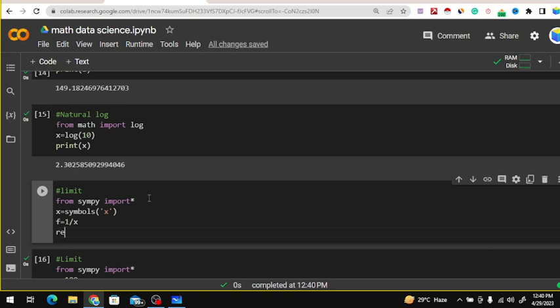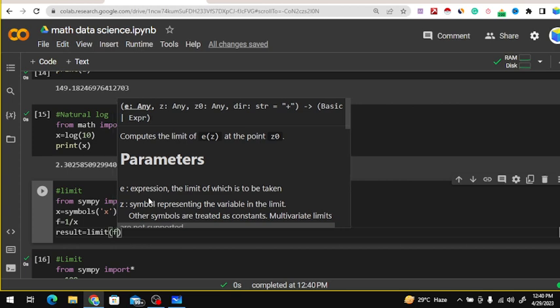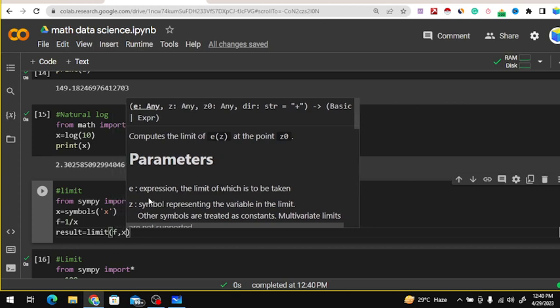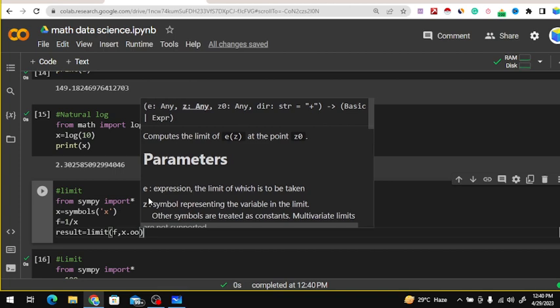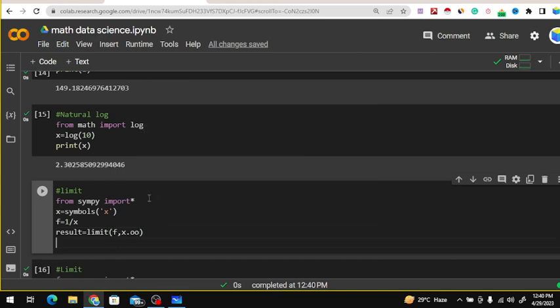Result equals limit, and write the function f, x, and put double zeros. What will be the output here? Let's print result.